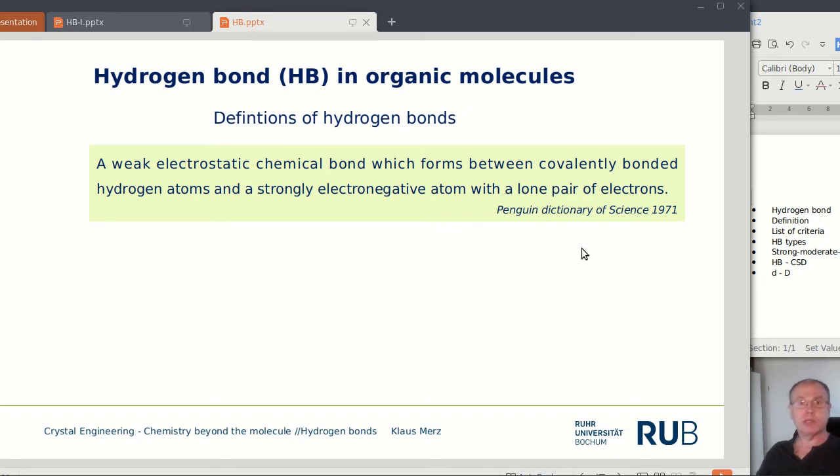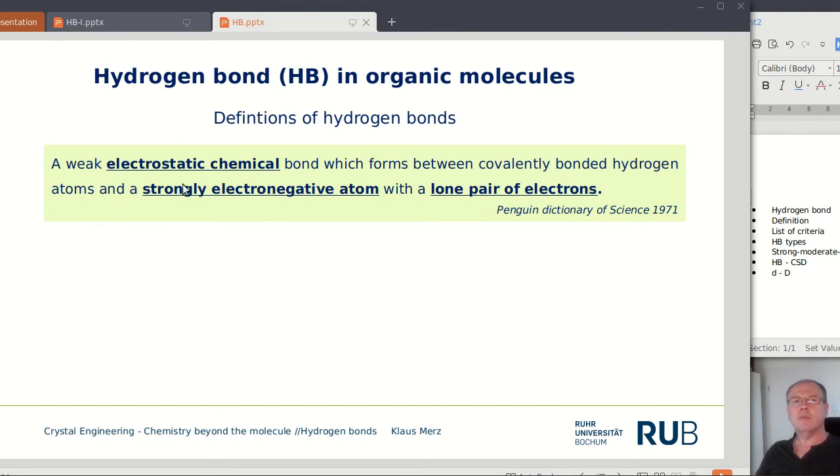Well, an older dictionary, and the most important keywords are electrostatic chemical bond, strongly electronegative atom, and lone pair of electrons.